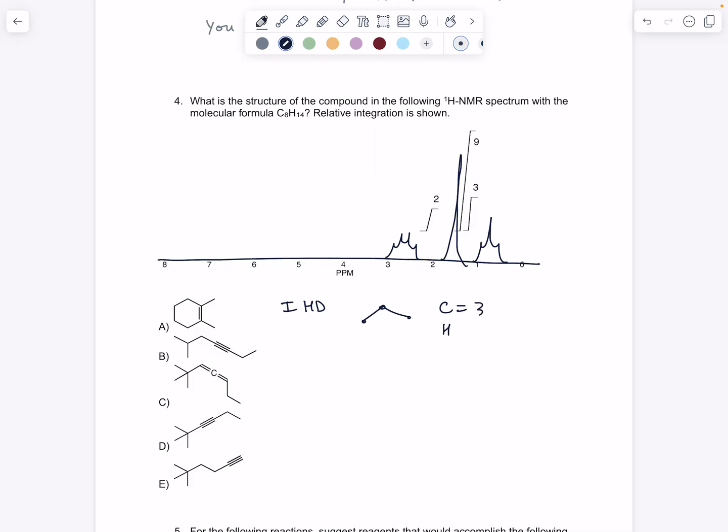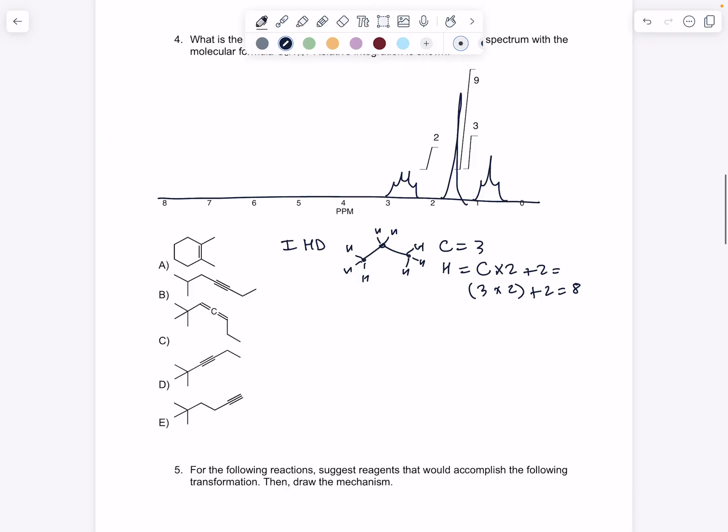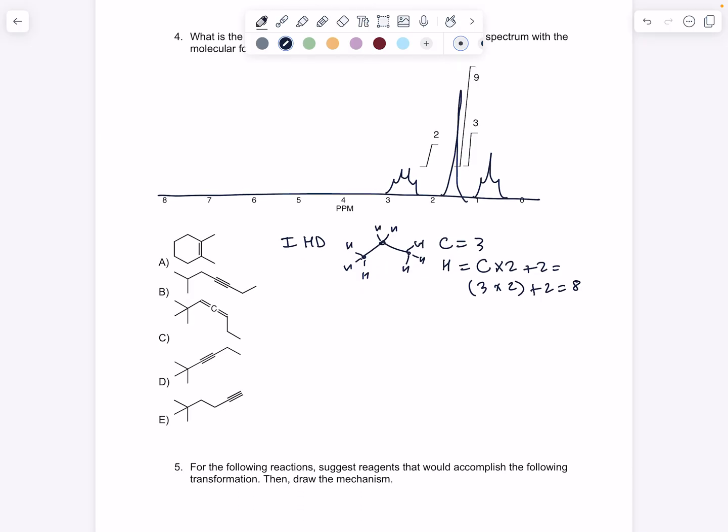And our hydrogens are 1, 2, 3, 4, 5, 6, 7, 8. So pretty consistently, your hydrogens are going to equal the number of carbons times 2 plus 2. So 3 times 2 is 6 plus 2 equals 8. So if we have 3 carbons for a totally saturated carbon, it's going to be 8.